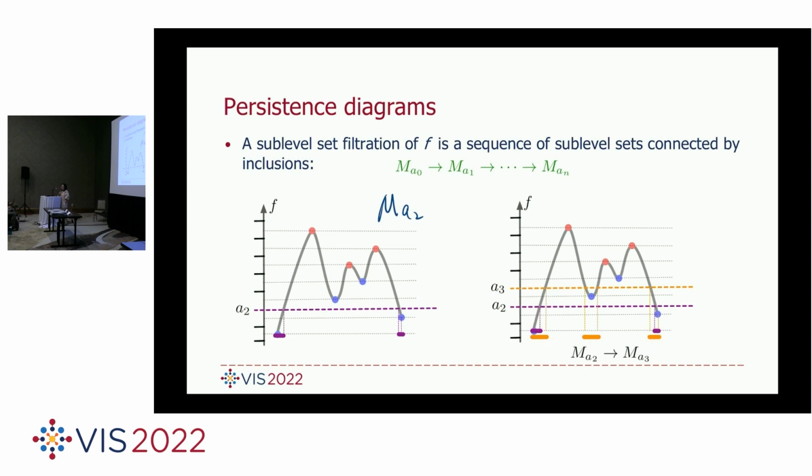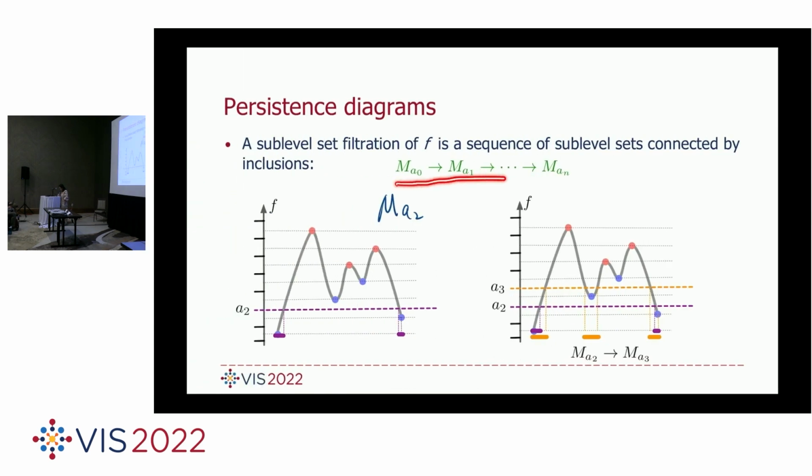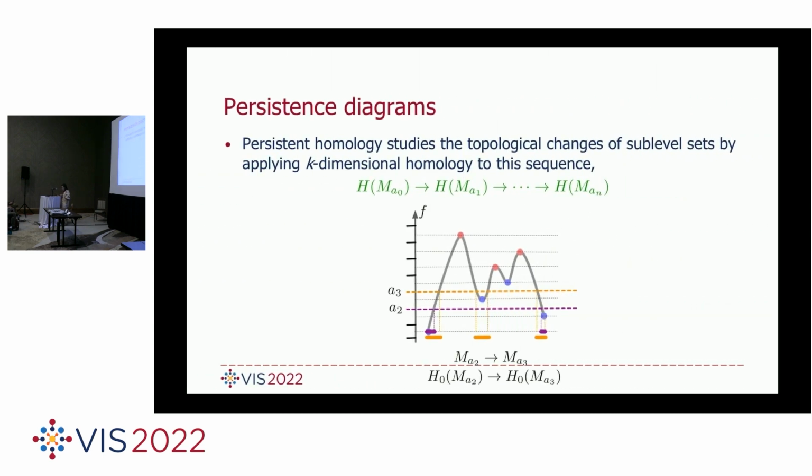This is really at the core of sublevel set filtration, and that leads to studying the homology of those sublevel sets. So persistent homology is essentially, if you have a sequence of sublevel sets connected by inclusion, you apply what's called a homology functor. Essentially, you are looking at the homology of each of those sublevel sets and how they are mapped into each other. That's precisely how a persistence diagram is constructed.